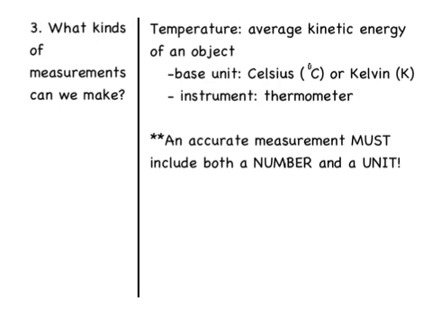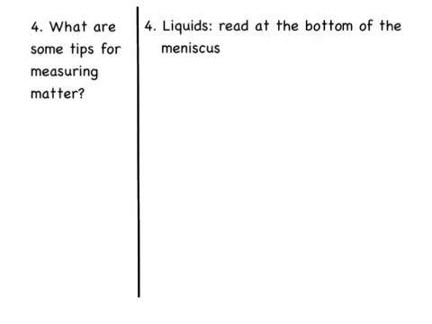Okay, all right, we've got two more questions in these notes, and they're just some tips for measuring objects, and then we're going to talk briefly about what a base unit versus a derived unit is. So let's do our second to last question. What are some tips for measuring matter? Okay, so our first tip for measuring matter is for liquids.